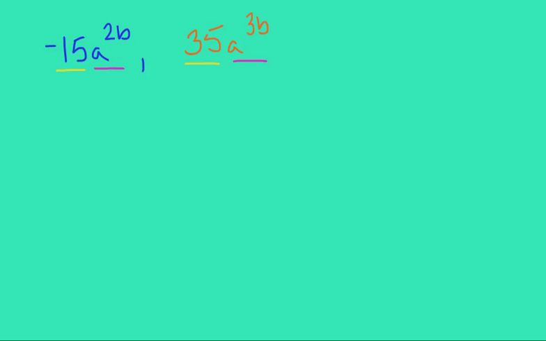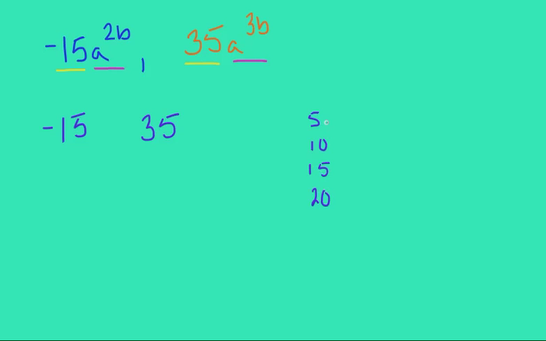So let me show you what I'm talking about here. Let me go ahead and get another color so we can make it a little easier to see. Here we would just look at negative 15, and then we would also look at 35. From these two numbers, what would be the greatest common factor, or what is the biggest number that goes into both of these terms? Well, let's just start with 5. We would go 5, 10, 15, 20.